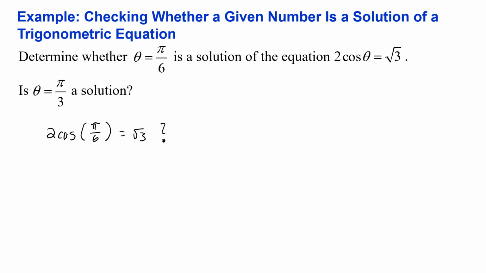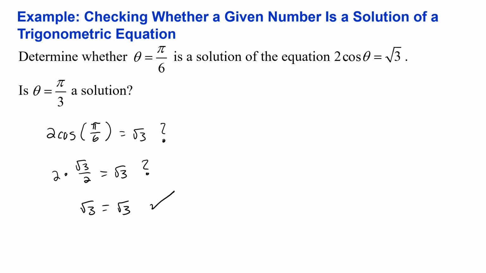So our equation becomes 2 times square root 3 divided by 2 equals square root 3 question mark. Simplifying, we have square root 3 equals square root 3, which is a true statement, so I'm going to put a check mark next to that. Therefore, since the equality is satisfied upon substituting the value of theta equals pi over 6, we conclude pi over 6 is a solution to the equation.